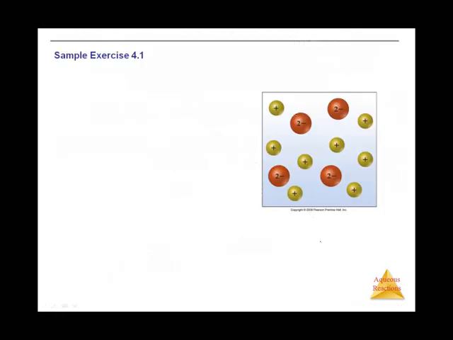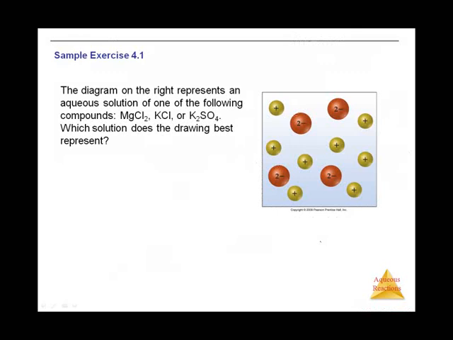Let's take a look at this exercise. The diagram on the right represents an aqueous solution of one of the following compounds: magnesium chloride, potassium chloride, or potassium sulfate. What we're going to look for is, first of all, we have a positive 1 ion, which means it can't be magnesium, it's going to have to be potassium.